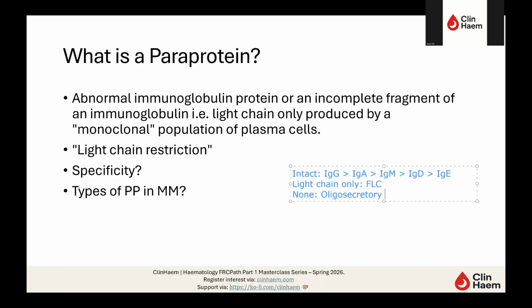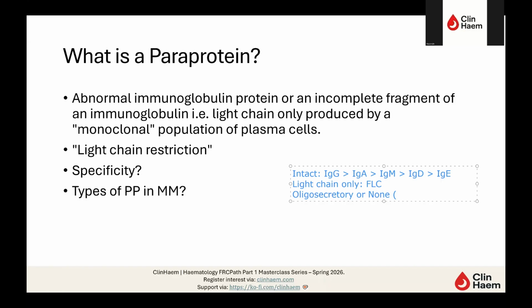But more sensitive assays like the serum free light chain assay, which is more sensitive than serum protein electrophoresis, or mass spectrometry, which is even better, can detect them. So they're still producing; they're oligosecretory. Actually, let's do it like this: oligosecretory or none. With none, even with those sensitive assays, you cannot find any evidence of paraprotein in the blood or in the urine.